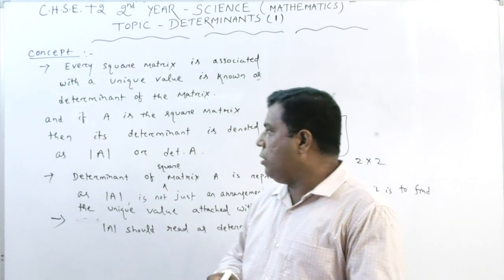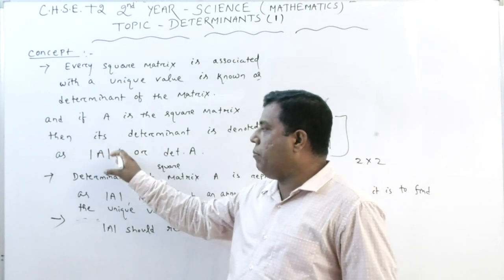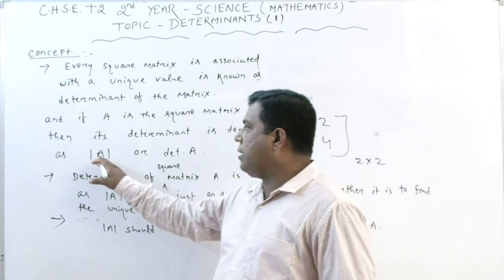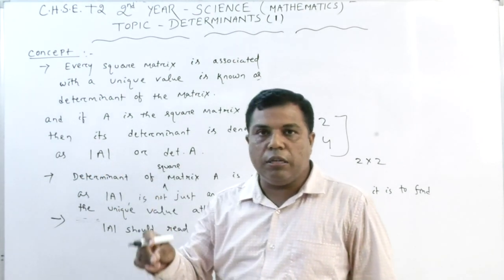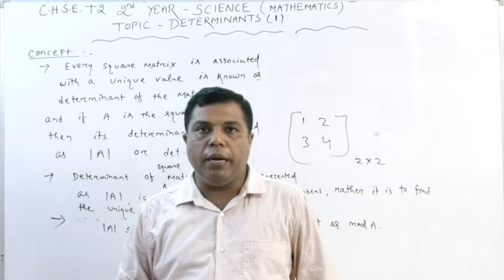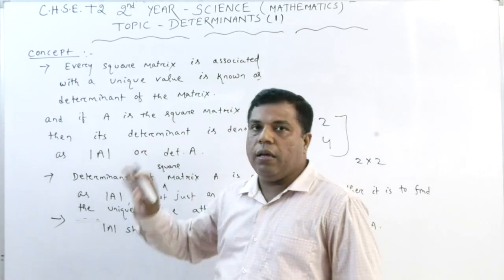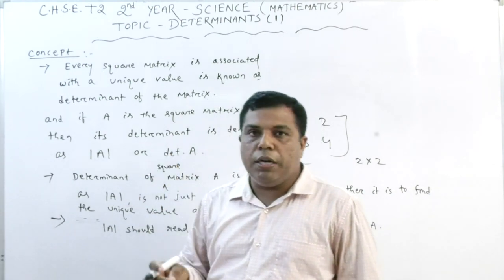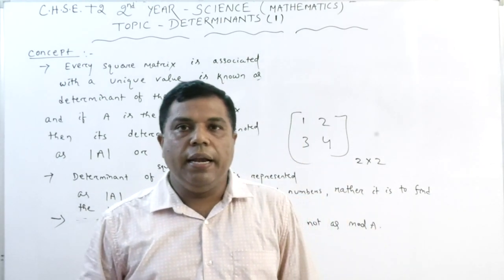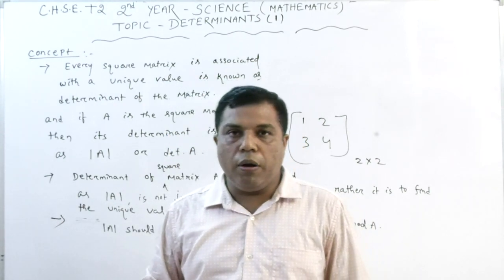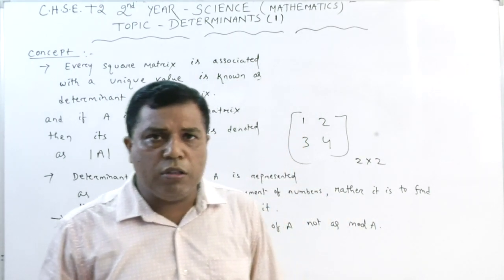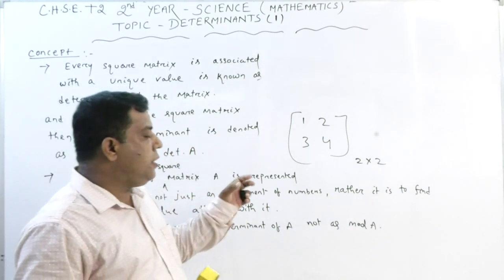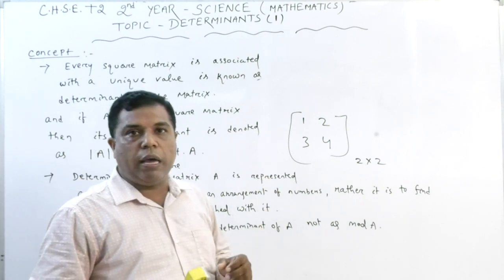Though it looks like it is represented between two vertical straight lines, don't think it is the symbol of modulus. It is the symbol of the determinant of the matrix A. These are some introductory concepts of the determinant. Next we will check how we can find the determinant value of a square matrix.